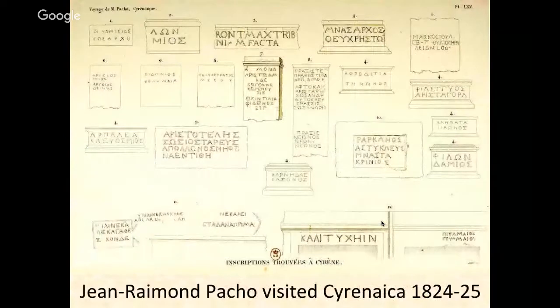Here, a little later, Pacho in Cyrenaica in the 1820s is making some attempt in some of these cases to replicate the object. But an awful lot of these inscriptions were in fact carved on walls, so there wasn't very much to say. But you can see he's trying to give you some idea of the support.